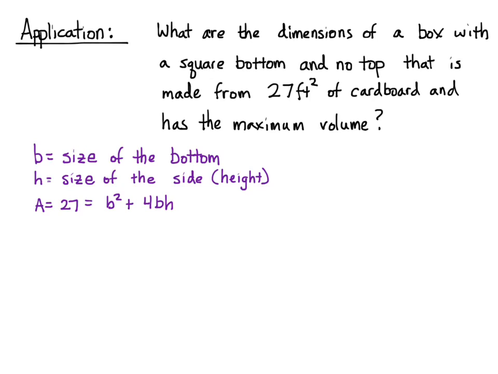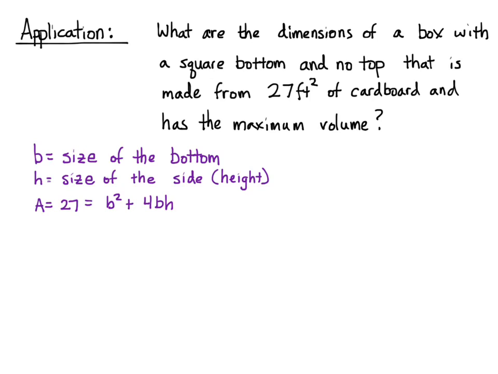Okay, so if I draw a picture, I have a box. It's open on the top. I guess you can see that. So the bottom is B, and the height is H, not S. So if I look at the area of the side, that's B times H, and I have 4 of them, so I'm going to make that 4BH.